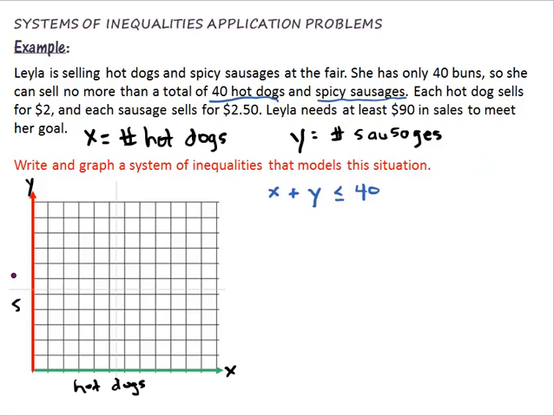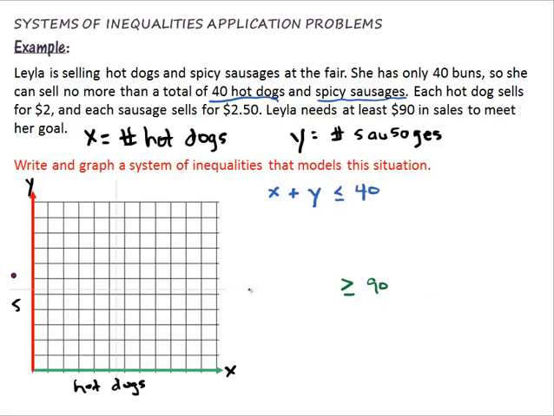That's our first inequality. Our second inequality is going to have to do with the cost. The cost has to be at least $90, so that's going to be greater than or equal to 90, because she can't bring in less than 90, but she can bring in 90 or more.